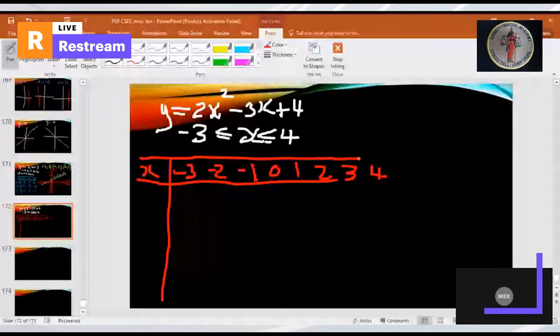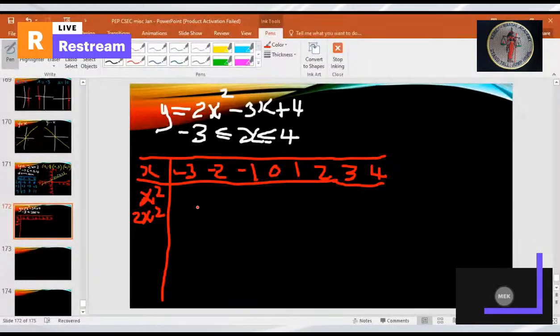And then we're going to put in the function. The first thing we do is we square the x. So let's have x squared. Then we're going to multiply the x squared by 2. So we put 2x squared. Then we multiply the x's by -3, so we put -3x. And finally, we add 4. And we'll get our y values.